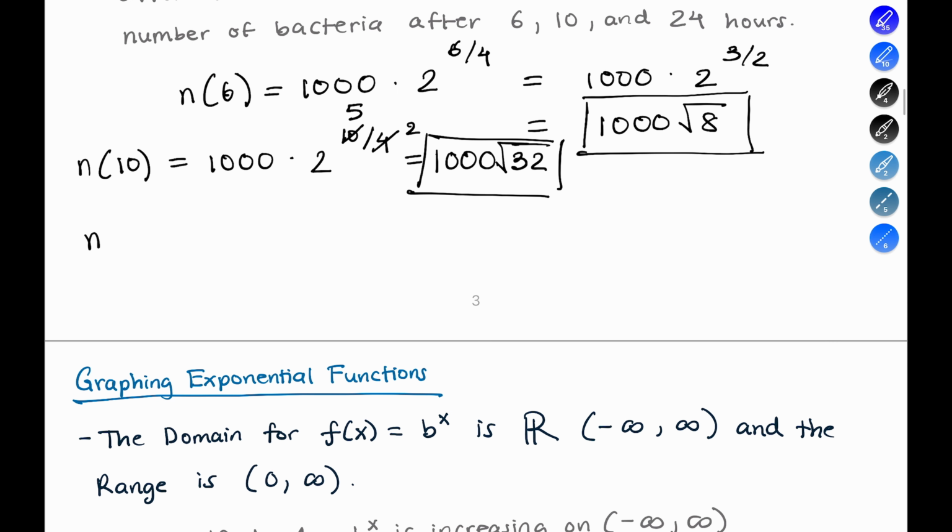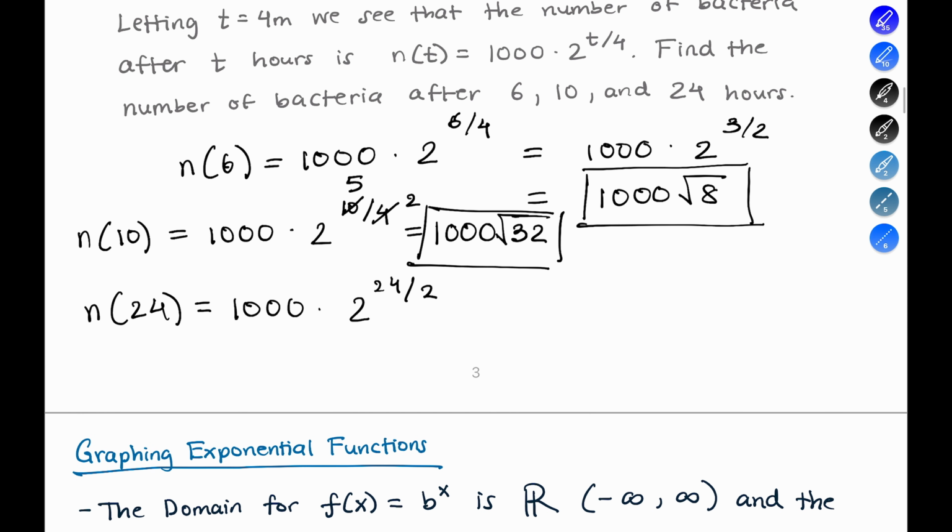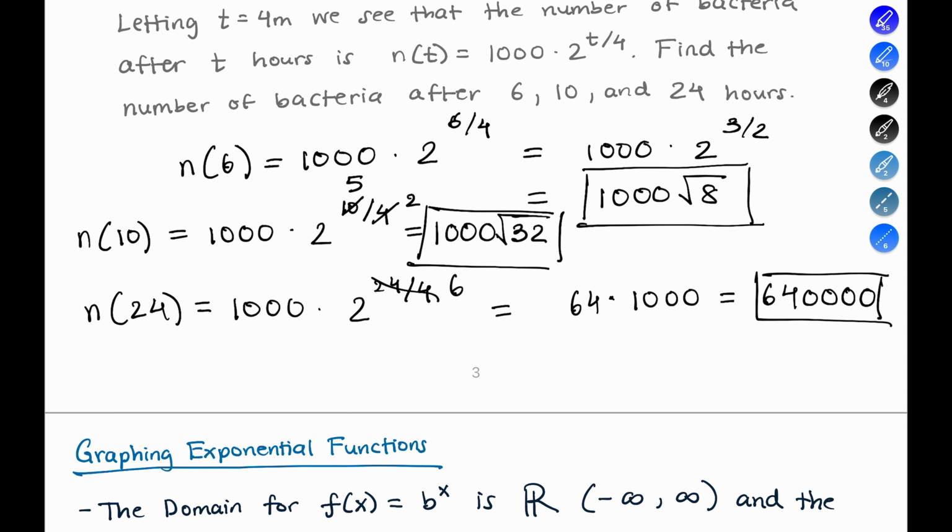And lastly, we have n of 24, which is 1,000 times 2 to the power of 24 over 4. And that's just 6. So this becomes 2 to the power of 6, which is 64, times 1,000. And that's just 64,000. So that's the solution to this problem.